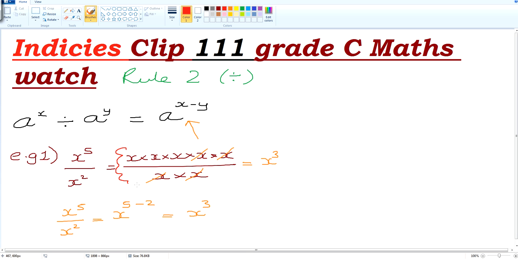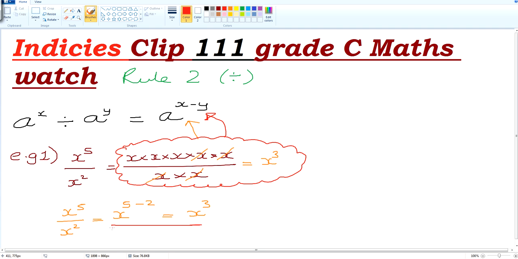This is the theory behind where this rule comes from, and this is the question done without having to write them all out and cancel them all. So when we are dividing, we end up cancelling them, which relates to minusing for us in terms of everyday use.